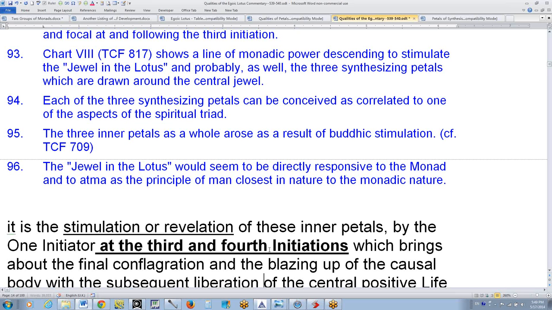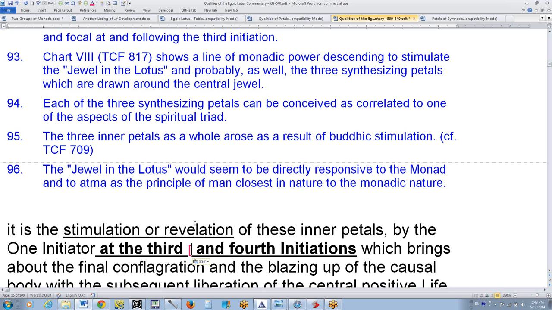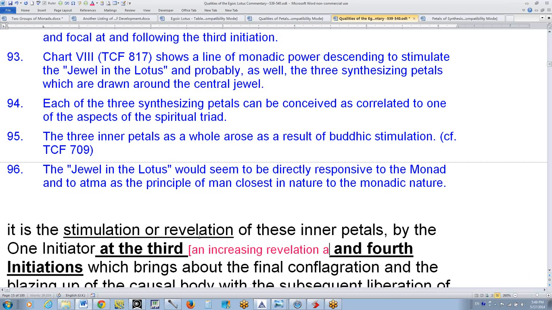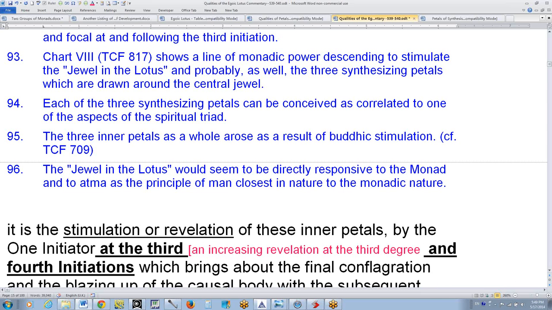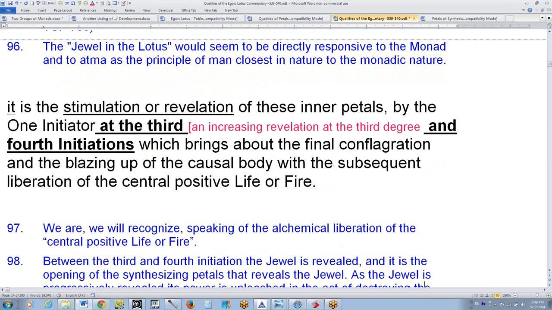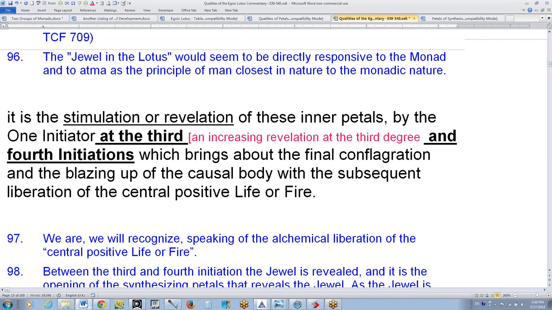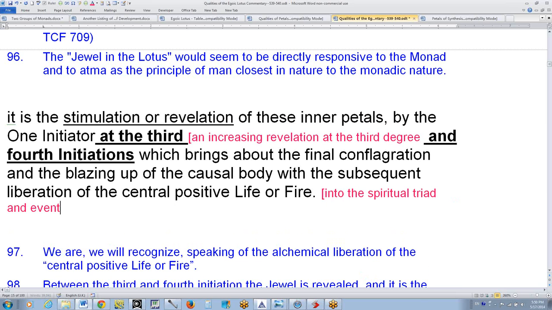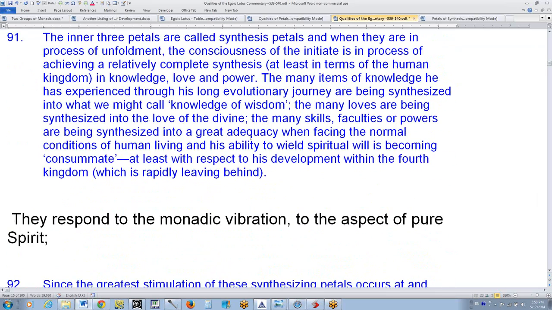So there must be an increasing revelation at the 3rd degree, which brings about the final conflagration and the blazing up of the causal body with the subsequent liberation of the central positive life or fire, and we would say that here into the triad, into the spiritual triad, and eventually to the monad, returning. Now, I'll look at some of the other thoughts that have been offered here.